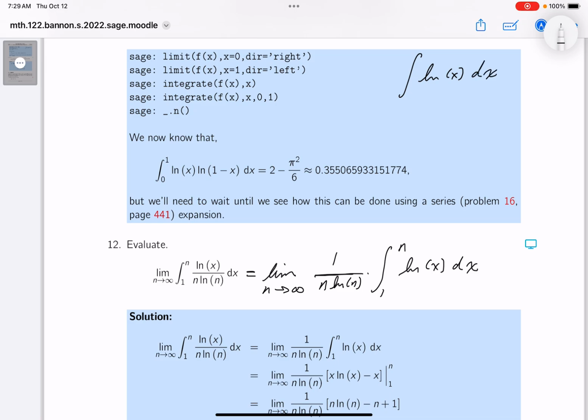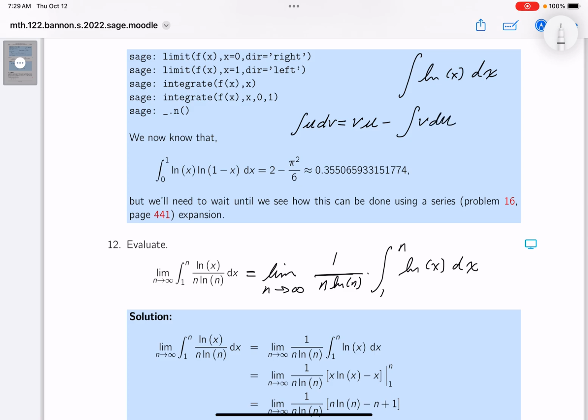We used integration by parts, and I'm going to put the parts down for you now. Let's write this on the side for you. It's going to be the integral of u dv equals uv minus the integral of v du.